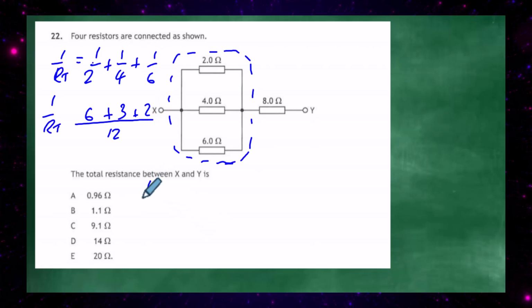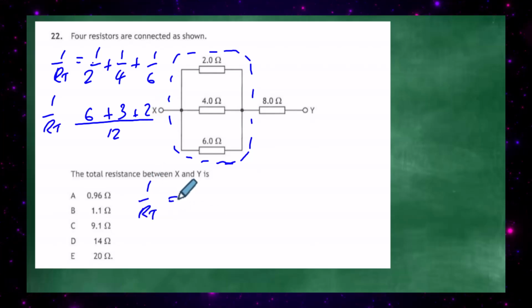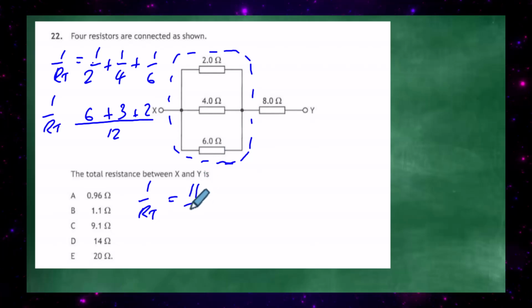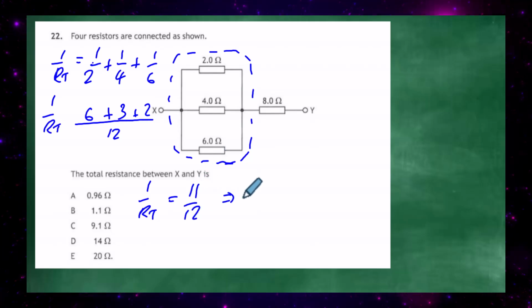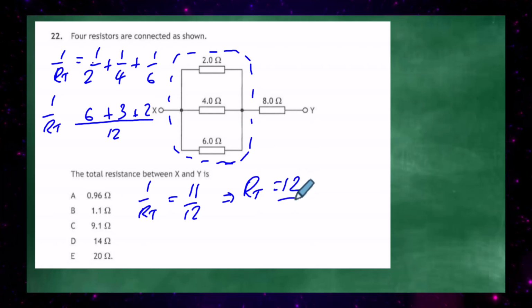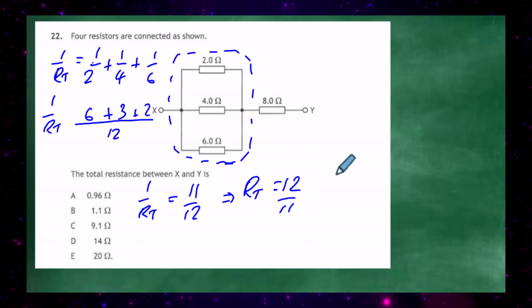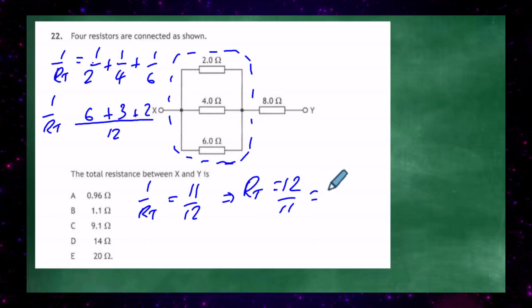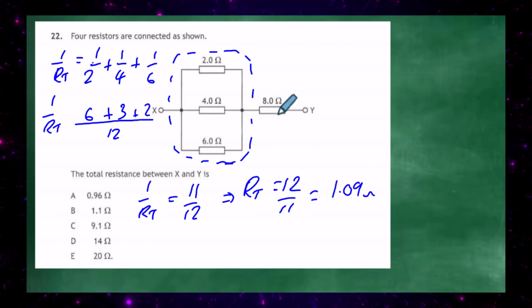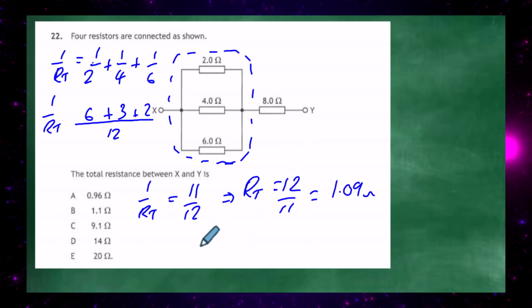So we have 1 upon RT equals 6 plus 3 plus 2, which gives us 11 upon 12, and that implies that RT of the parallel part is equal to 12 upon 11. And if we do that on my calculator, we get a value of 1.09 ohms.